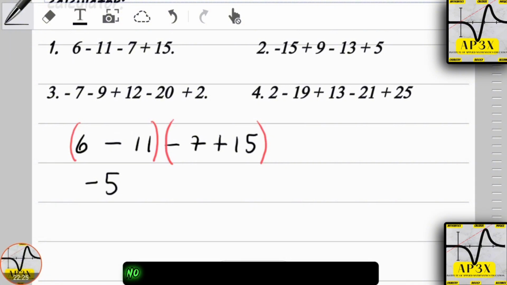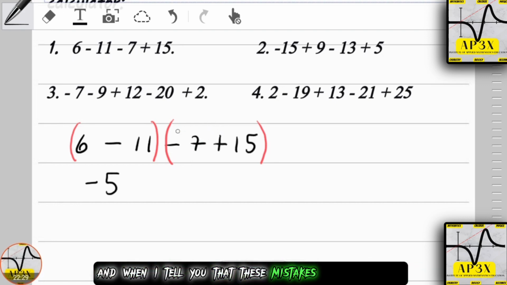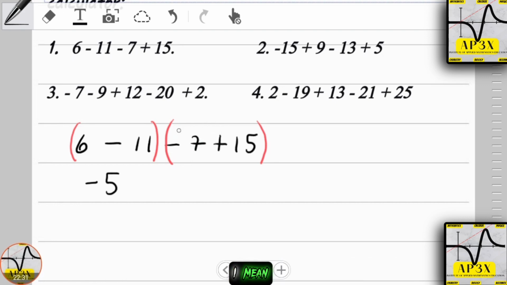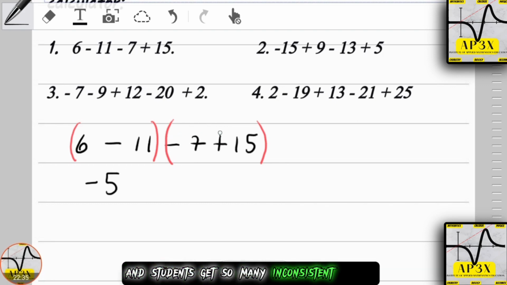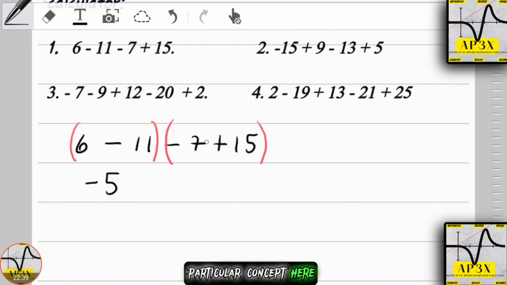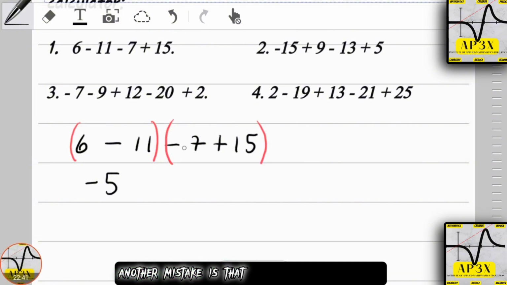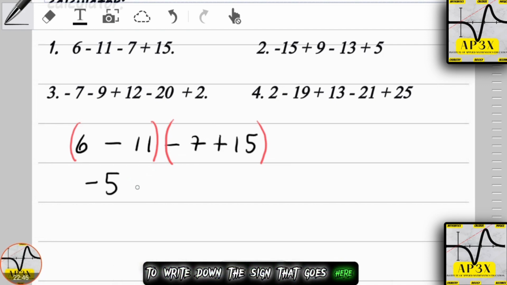Okay, now another mistake that I find students make, and when I tell you that these mistakes are made often, I mean they are made very, very often, and students get so many inconsistent results over the years that I've been teaching this particular concept. So another mistake is that we are always too quick to write down the sign that goes here.